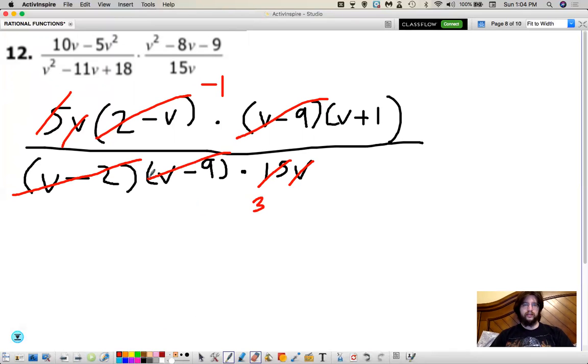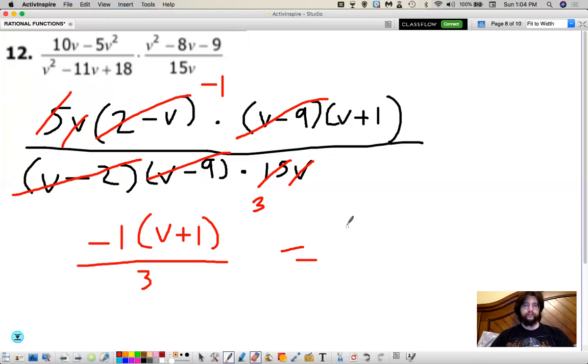V minus 9's cancel. So I'm left with -1 times V plus 1 over, and then let's see, we've got 3 on the bottom. So really, to clean this up a little bit, I'd put that -1 either distributed or on the 3. I'm going to put it on the 3.